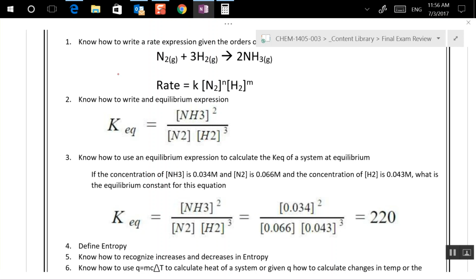Now with equilibrium, I might give you the data. So here I give it to you. NH3 is 0.034 molar, N2 is 0.066 molar, and H2 is 0.043 molar. Then you're going to have to plug those in.